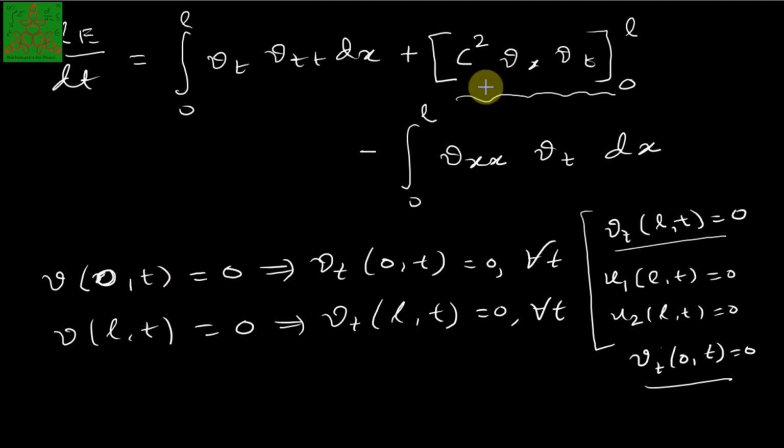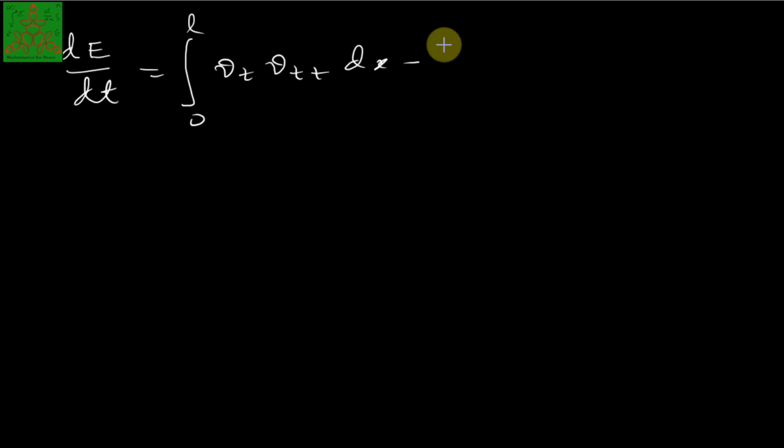So due to that, as I told, this middle bracket will be 0. Finally, what is left for dE/dt is the integral from 0 to L of Vt Vtt dx minus the integral from 0 to L of c² Vt Vxx dx.